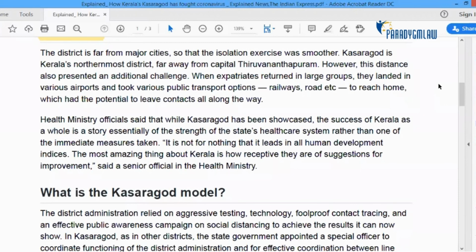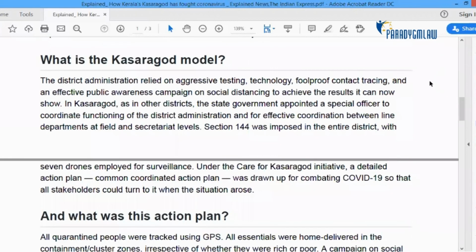Now we come to the crux of the article. What is the Kasargod model?